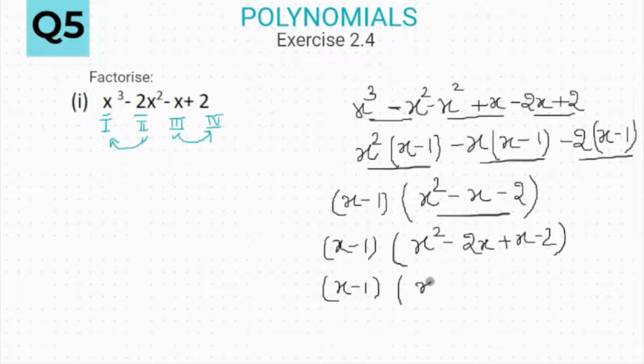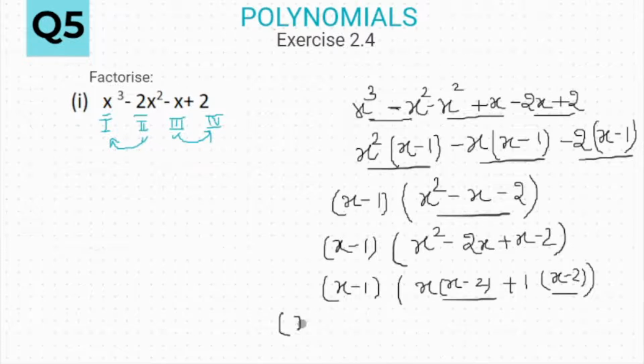So here only x is common, and in the bracket we have x minus 2, then plus 1, because there is nothing common in them, we join the last two terms like this. Now what is common in these two terms? Yes, it's x minus 2. So we'll write the first factor as it is. Now the second factor we have is x minus 2, and the last factor is x plus 1.